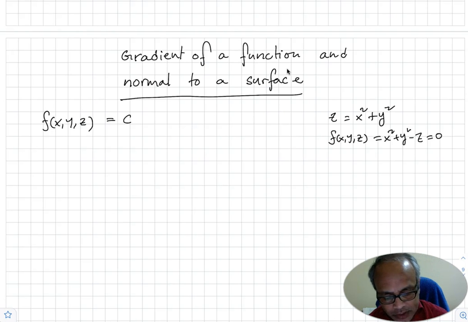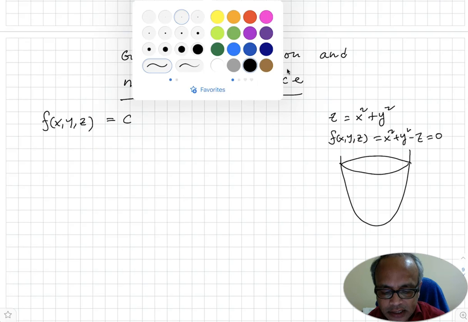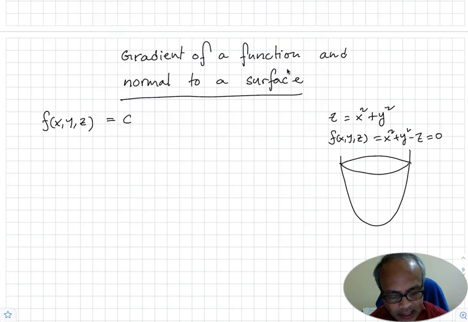Okay. So if I have the paraboloid, it should look like that. Suppose that I have a curve on the paraboloid, and it does not matter which way it goes.